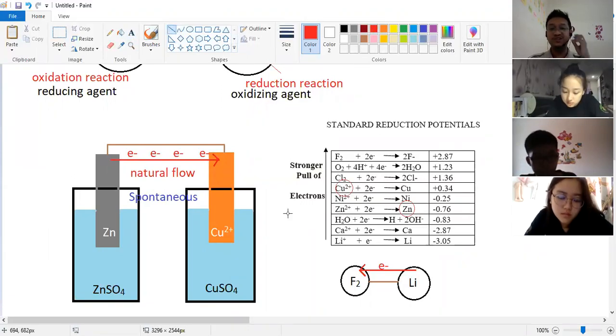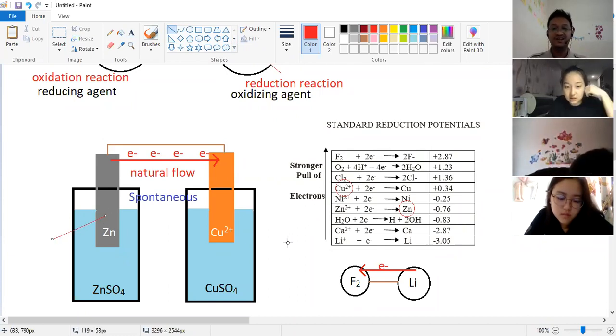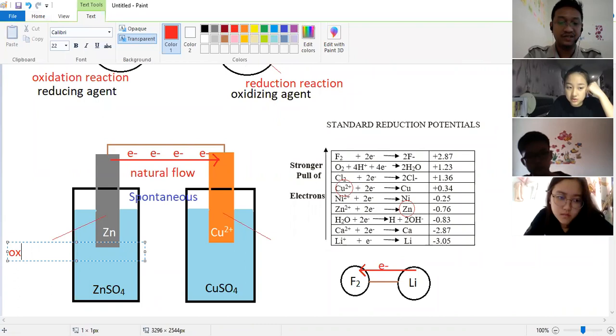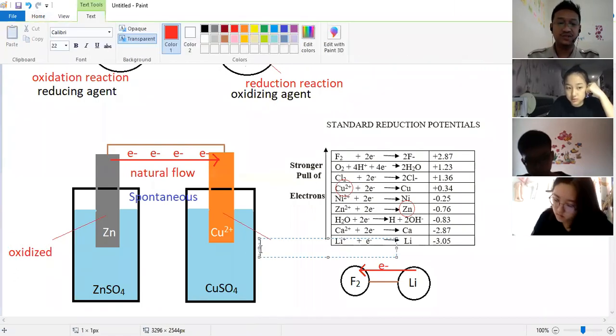Zinc is oxidized. And copper is? Reduced. Yes. So this one is oxidized and this one is reduced.